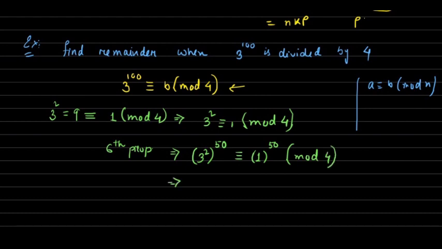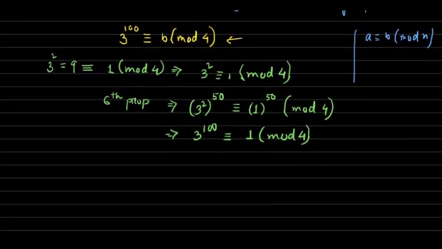This can be written as 3 raised to the power 100 is congruent to 1 mod 4. We are done. That means our remainder will be 1.